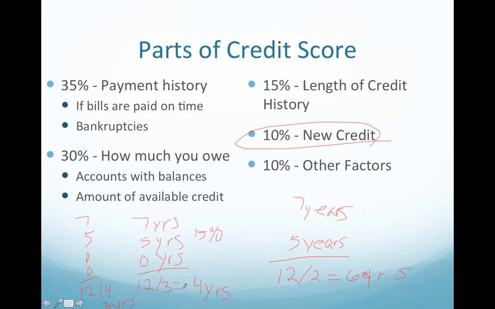Now, you'll get some points back because the credit utilization on that new credit card will be like 0%. So you'll get some of those points back in at 30%. But that'll be weighted into the other card that you have. So if that other card is not maxed out, it'll help you out a lot. But that's the way credit scores work.